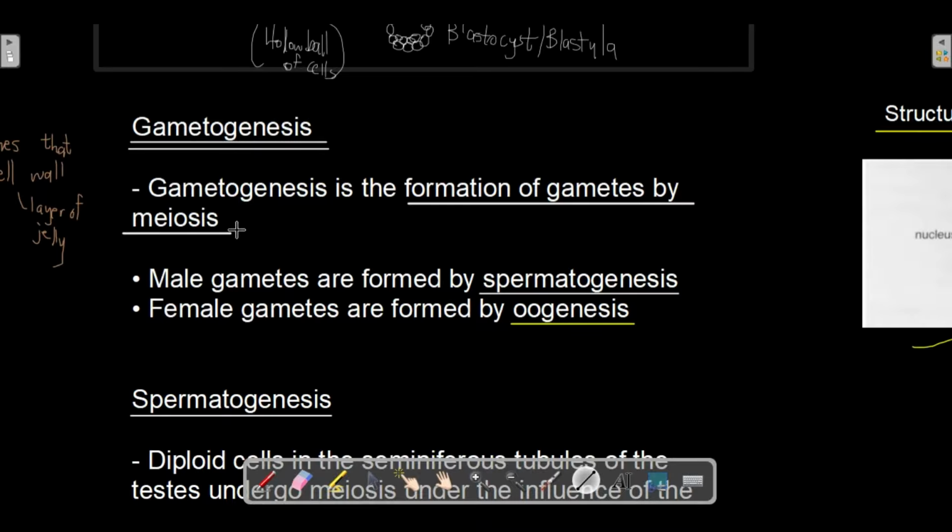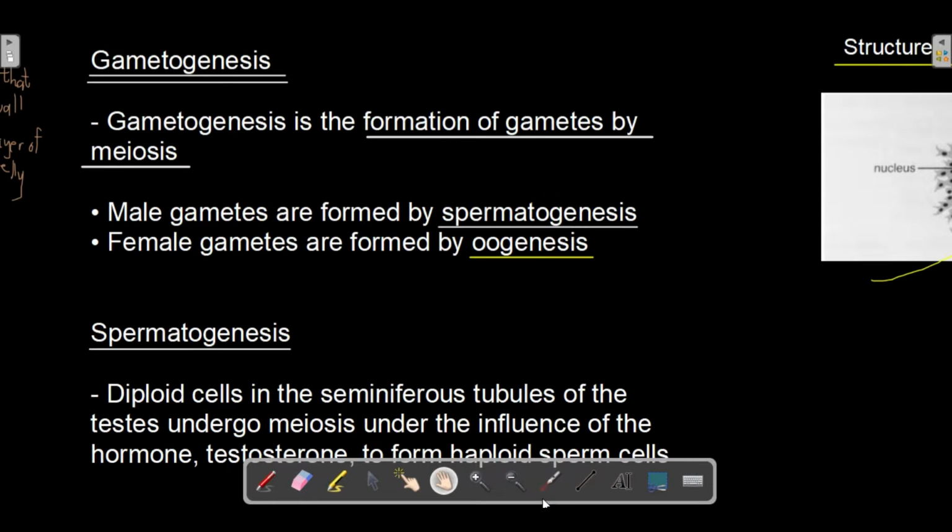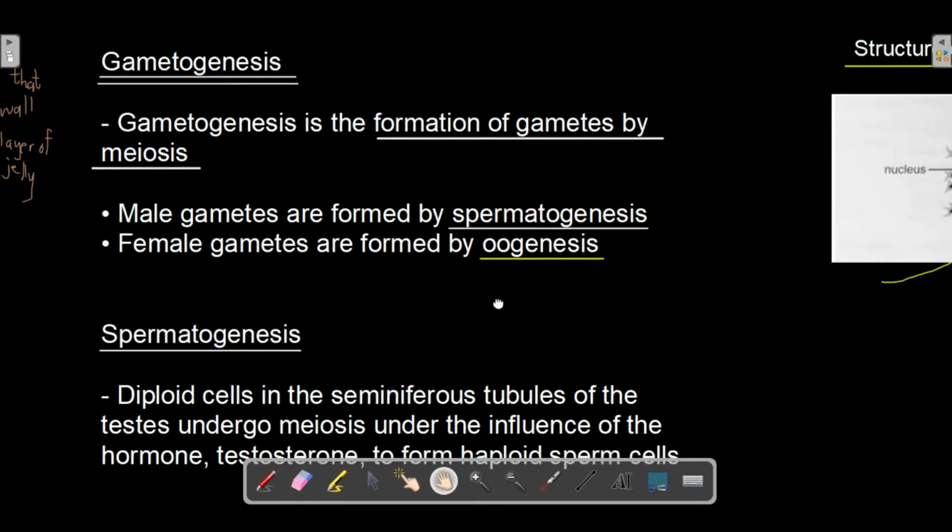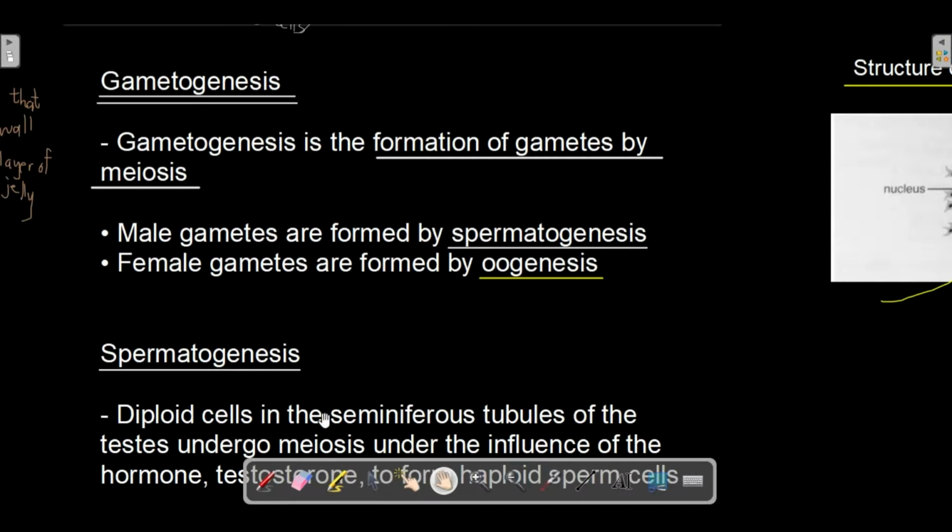We said that for females it occurs in the ovaries, for males it occurs in the testes. Male gametes are formed by spermatogenesis, and female gametes are formed by oogenesis. Some call it oogenesis, some say oogenesis, it really doesn't matter, but these are different words for different types of gamete formation. For spermatogenesis, we are forming sperm cells. For oogenesis, we are forming egg cells.